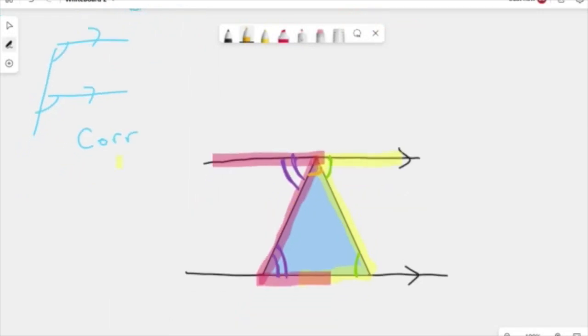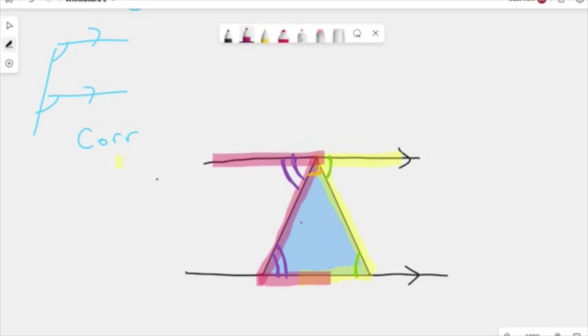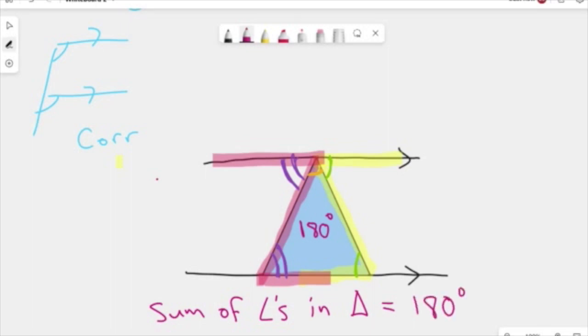And I'm going to write that inside here. We have 180 degrees. So the sum of angles, and I'm going to use a little notation here, angles in a triangle equals 180 degrees.